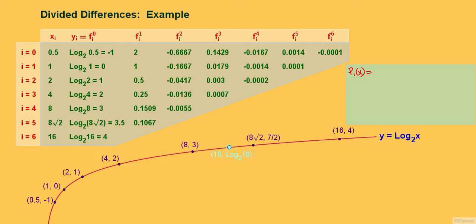The first term for p sub 1 of x is minus 1, the y value at x equals 0.5. This is followed by 2, the second entry in the first row. But we have to multiply 2 by the quantity x minus 0.5, 0.5 being the first x value for this row. Then we have minus 0.6667, the third entry.